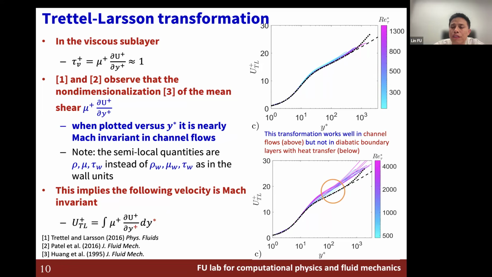Different stress, different physics. Why do we insist on one scaling? That is equivalent to saying we can have different scaling in different regimes, to respect the different physics. And as we just mentioned, the Trettel-Larsson transformation is not working in the log regime for all the flows, but in the viscous sublayer it works perfectly.